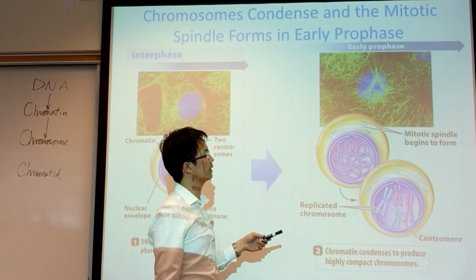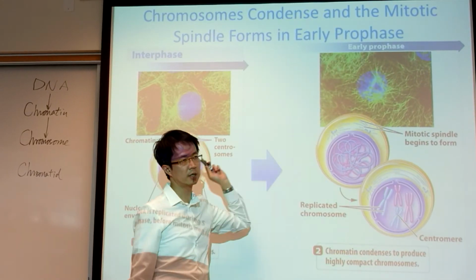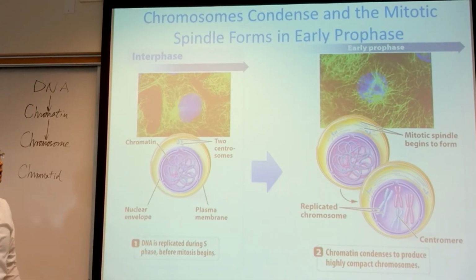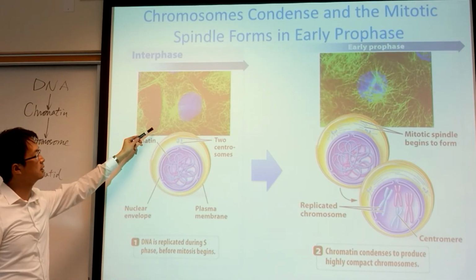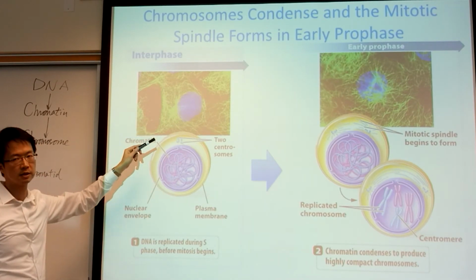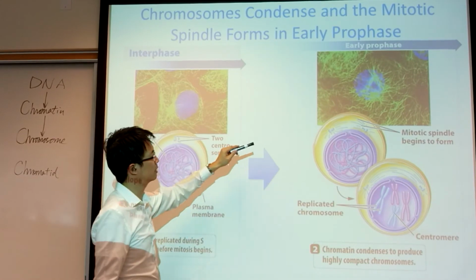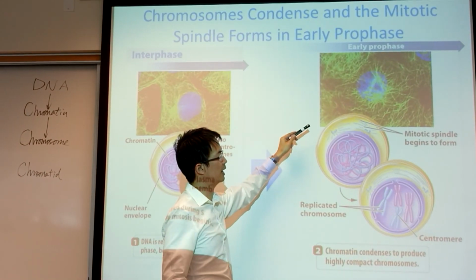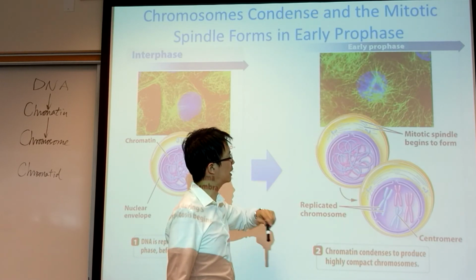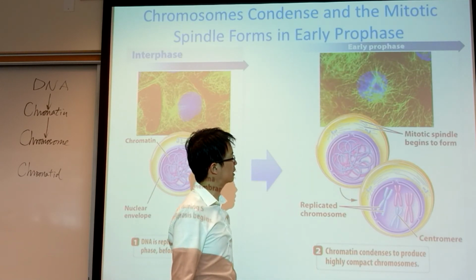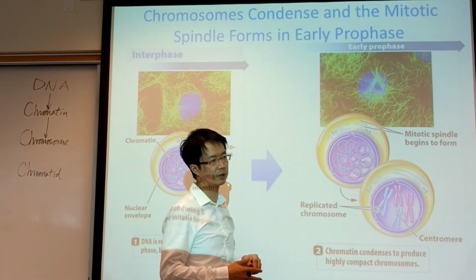Now in the early prophase, how can you tell the differences between prophase and interphase? You can look at it by the color of the nucleoli. If the color is very conspicuous, then it is interphase. If the color of the nucleoli in prophase is relatively lighter blue, then it can be prophase.